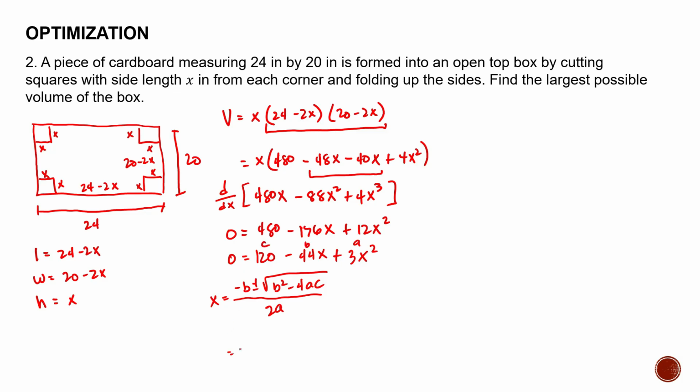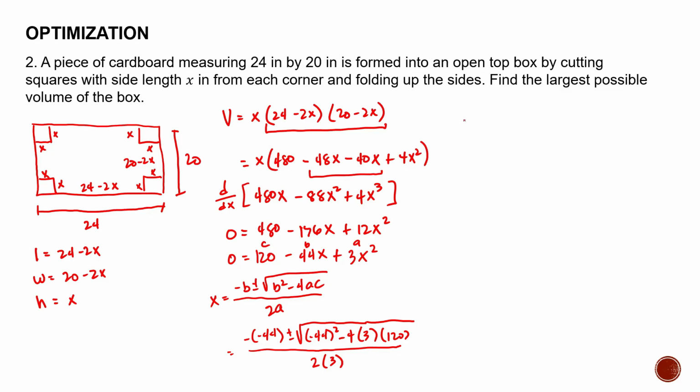Okay? So negative 44 plus and minus the square root of negative 44 squared minus 4 times a times c. That's the c, by the way. A is 3. C is 120. Divided by 2 times 3.